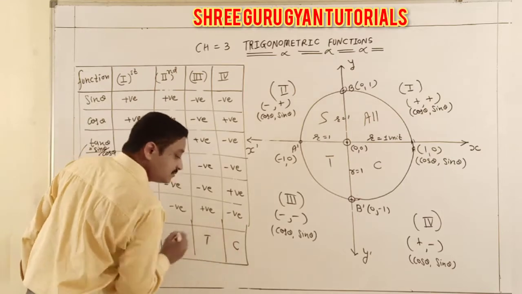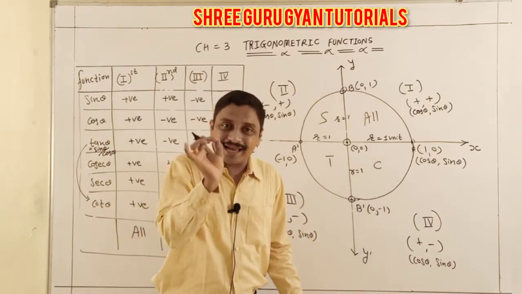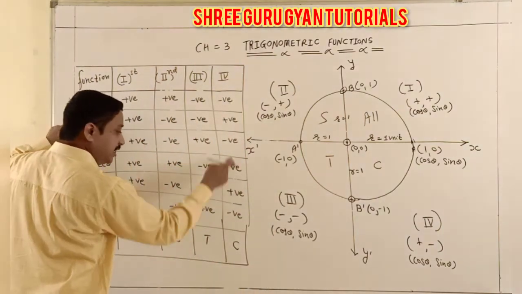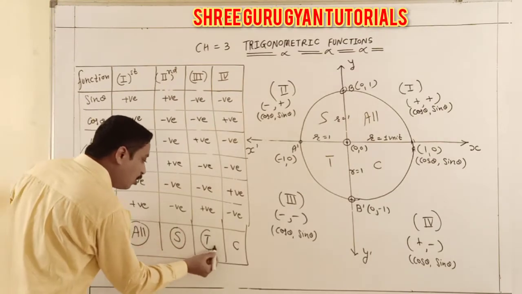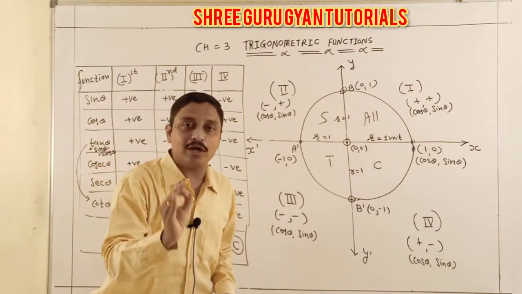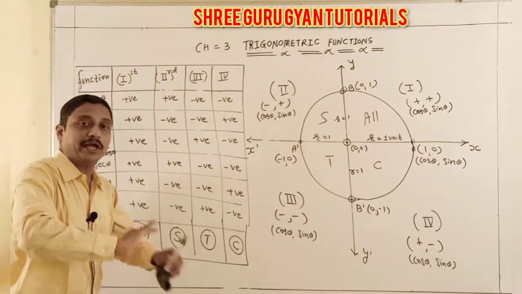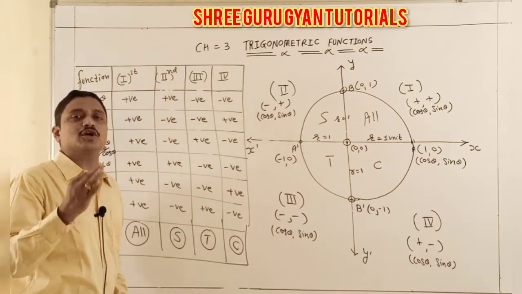And C indicates cos theta and sec theta positive, other are negative. So learn this shortcut All Sin Tan Cos by heart, or read it as after school to college. The written value is positive, other values negative. So you easily understand this full table by the shortcut way.